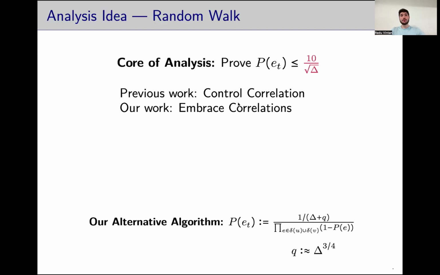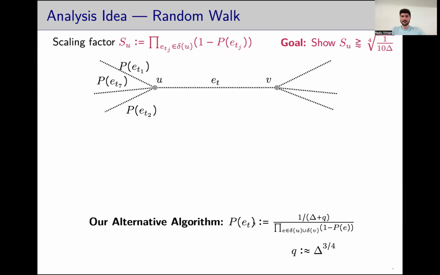Whereas in our work, we will just embrace the correlations, we will accept them, and we will use a technical trick which comes from martingale theory, to just deal with the correlations without having to explicitly argue something about them. So let me give a sketch of the analysis.